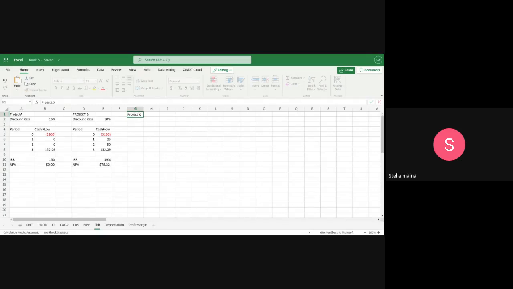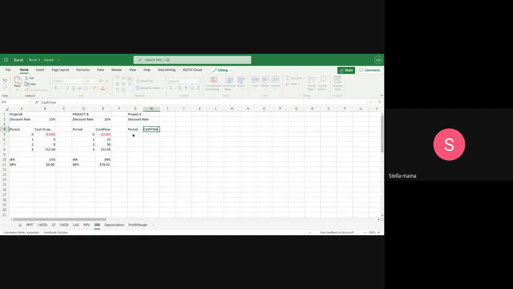X, and then we'll have the discount rate. And then we will come ahead and have the period, and then we will have the cash flow.